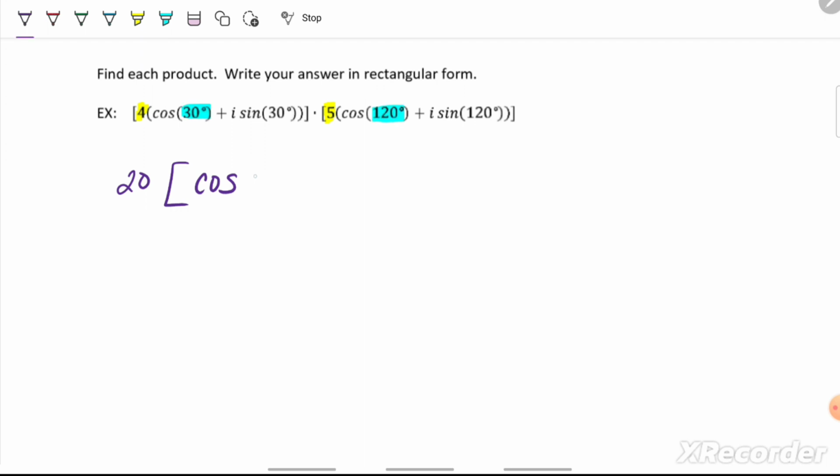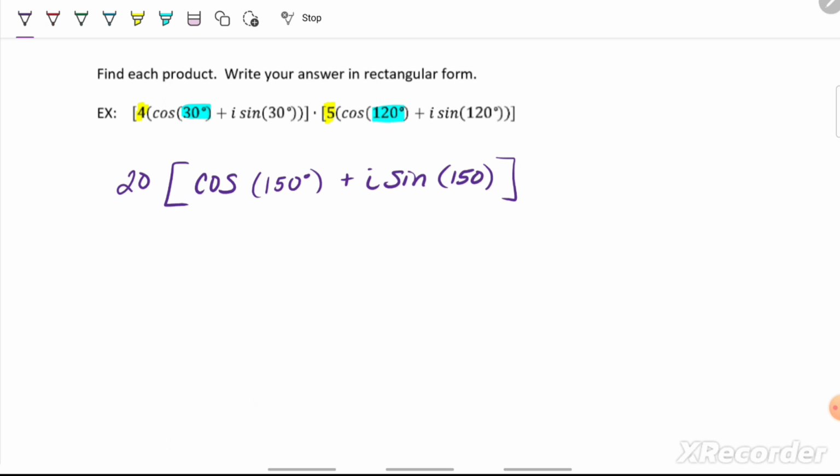So this will be cosine of 150 degrees plus i sine of 150 degrees. At this point, we've multiplied them together and we've left it in a polar form. Our directions, however, ask for us to write it in rectangular form.